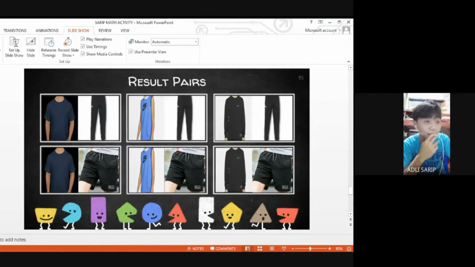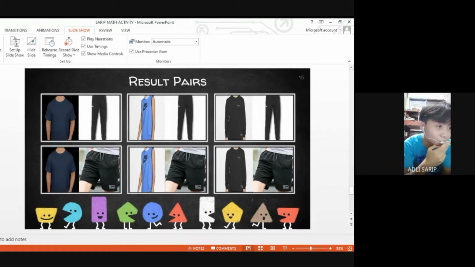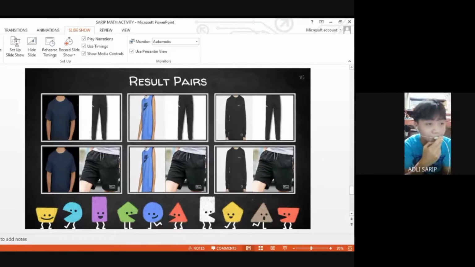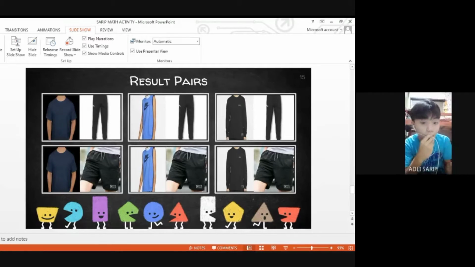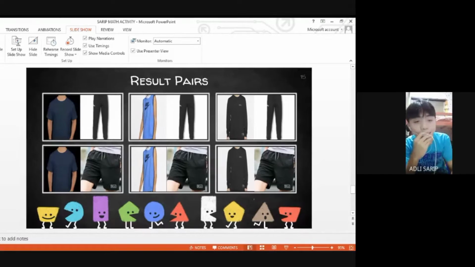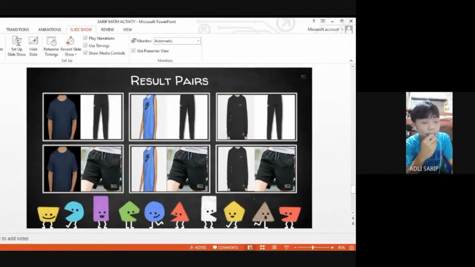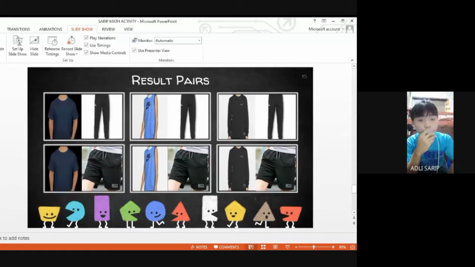The result pairs are t-shirt and long pants, t-shirt and short pants, sleeveless and long pants, sleeveless and short pants, long sleeve and long pants, and long sleeve and short pants. These are the 6 result pairs.